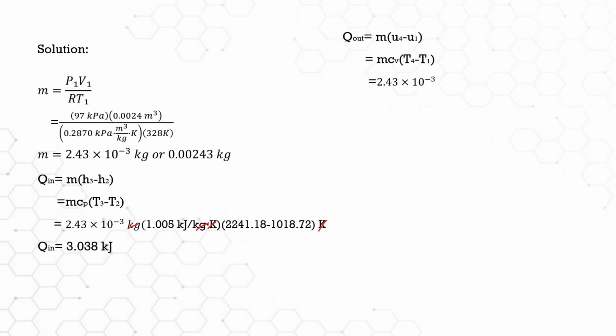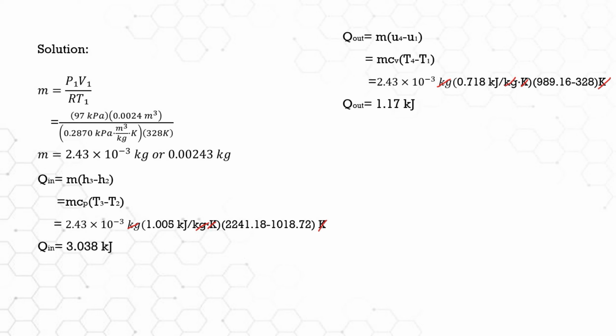We have 2.43 times 10 raised to the power of negative 3 kilogram times 0.718 kilojoule per kilogram Kelvin multiplied to 989.16 Kelvin minus 328 Kelvin. Cancel out the same units. So our heat output is equals to 1.17 kilojoules.